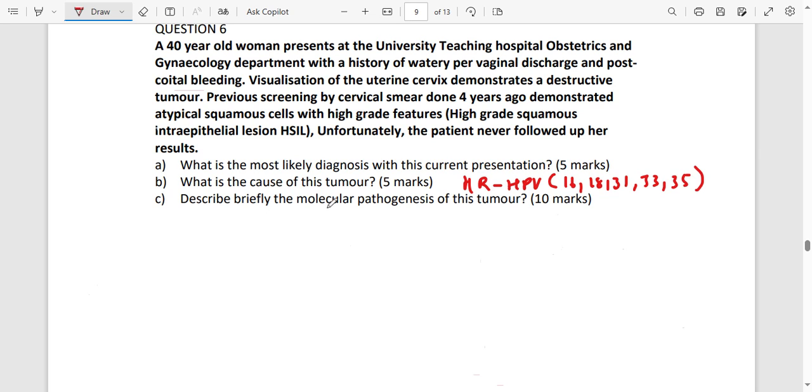Okay, describe briefly the molecular pathogenesis of this tumor. Anyone that can answer, or maybe you can just say what I already said about the pathogenesis, or what you've read. Remember, this is molecular pathogenesis. Anyone? Doctors, are we together? Please be free to speak.